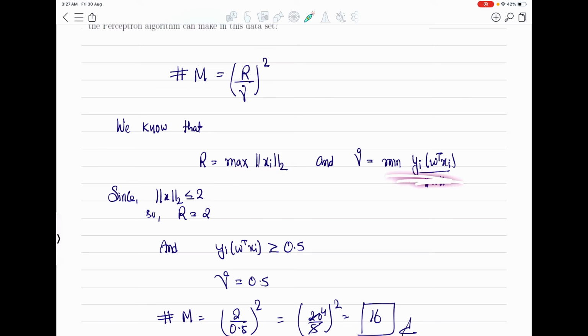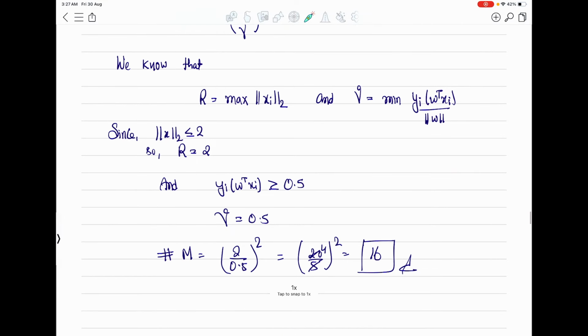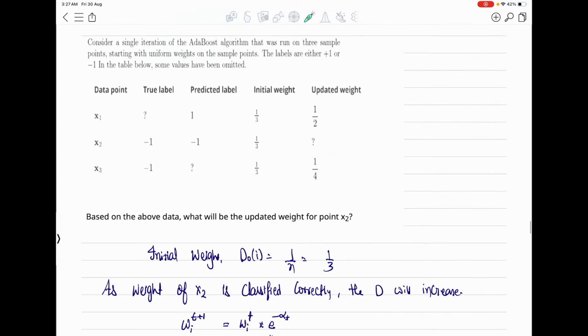So r will be 2. And from here we have the minimum of this, and we are given that this is greater than 0.5, so the minimum will be 0.5. So the number of mistakes will be the square of this, that is equal to 16. Correct.